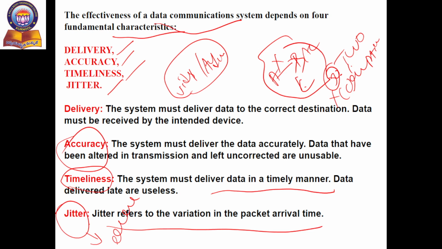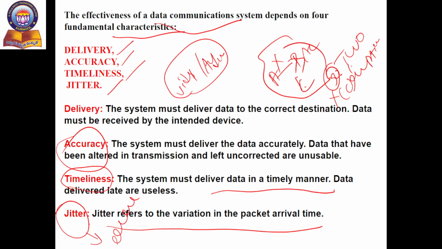So this is one type of problem which we face with audio and video files when forwarding. So these are the 4 different characteristics which measure whether the data communication is effective or not. To repeat, the first one is delivery, the next is accuracy, the next is timeliness, and the next is jitter.